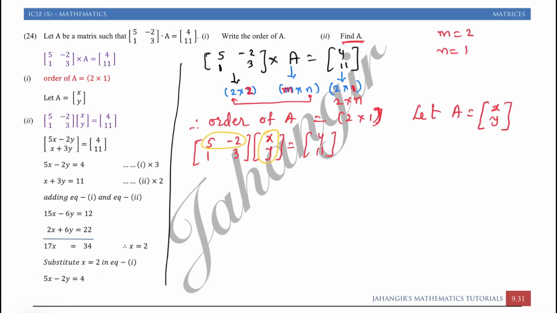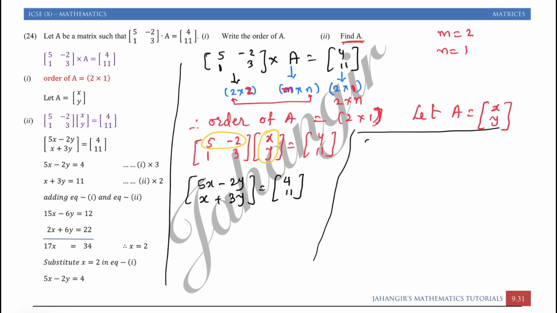Multiplying rows and columns, 5x minus 2y, 1 into x is x plus 3y, is equal to 4 and 11. So therefore the equations are 5x minus 2y is equal to 4 and x plus 3y is equal to 11.